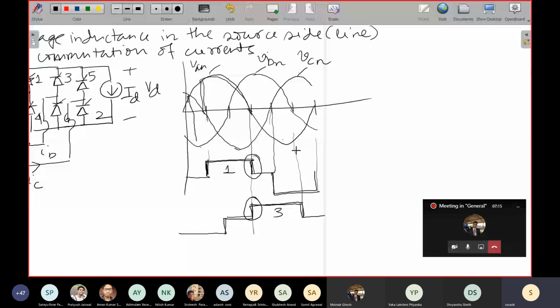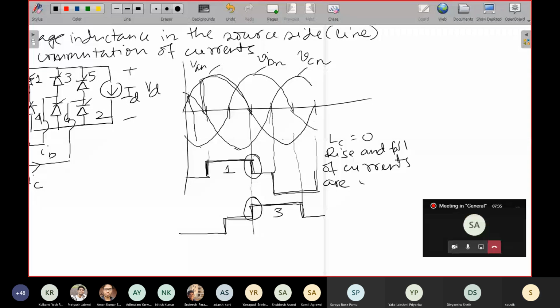We'll see, if LC is equal to 0, this rise and fall of currents are sharp or instantaneous.